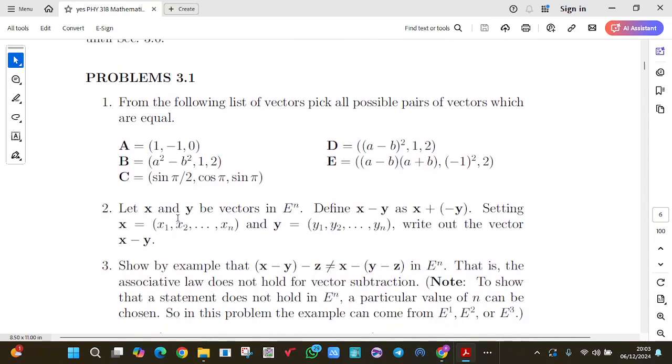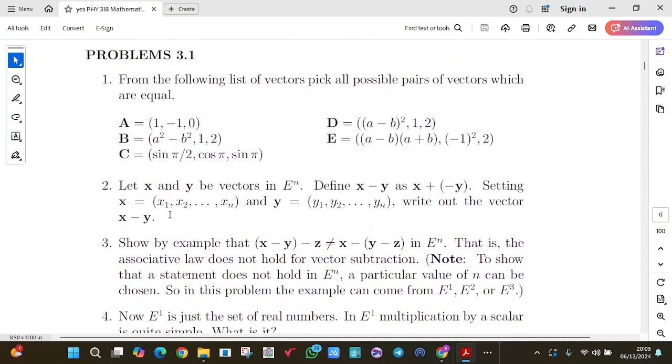Okay. Now, if you have understood, this is the problem. Example one: from the following list, A to E, pick all possible pairs of vectors that are equal. Let me see the first person that will tell me the first vectors that are equal.